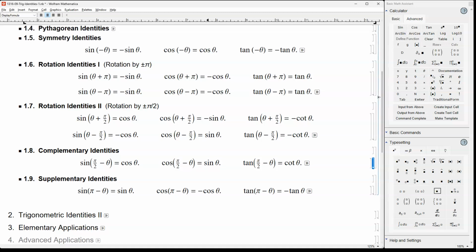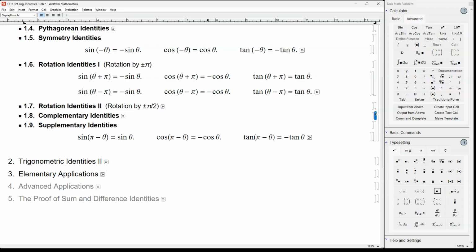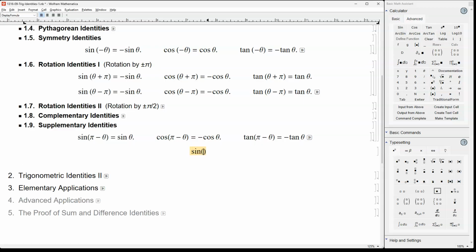Now let's go ahead and do 1.9, supplementary identities, pi minus the angle. This time, I don't think we are going to need rotation identity by pi over 2 or complementary angles. So let's combine these two, symmetry identities and rotation identities. For example, the most important of the bunch, sine of pi minus theta.